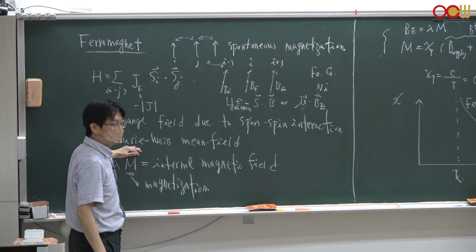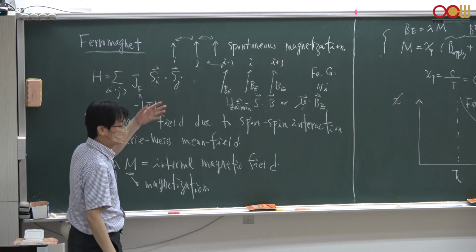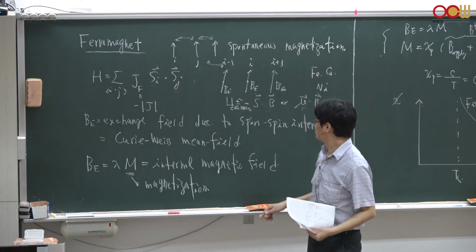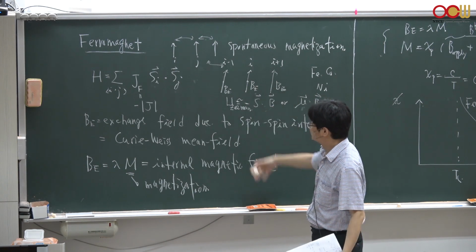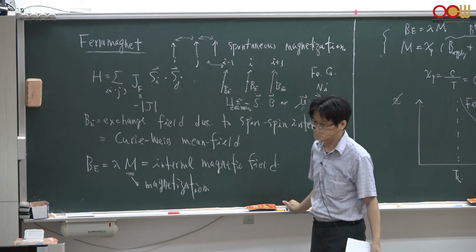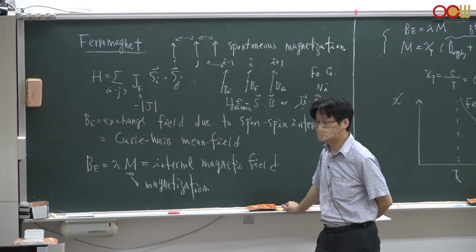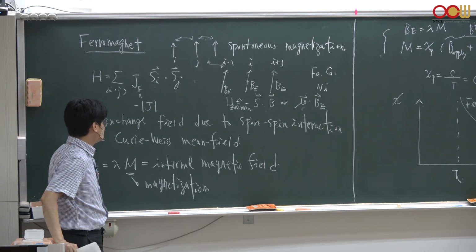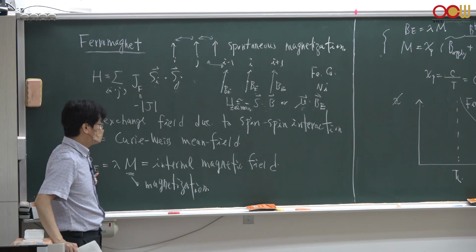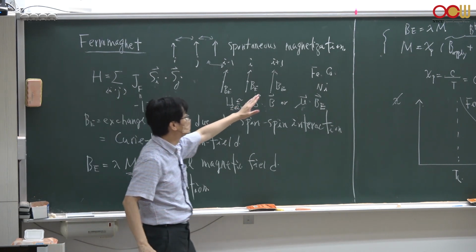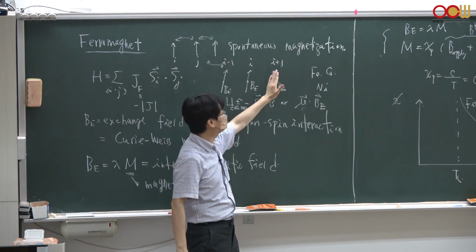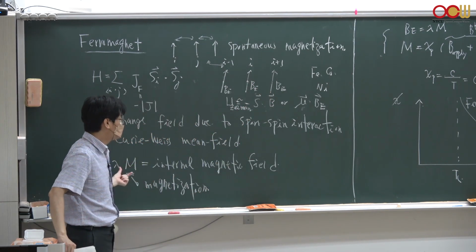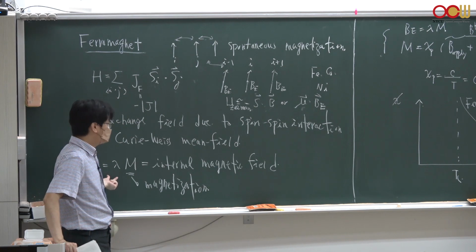And we call this Curie-Weiss mean field, okay, for the reason that we could use some kind of a self-consistent mean field method to actually derive such a spontaneous magnetization from this Weiss mean field. But in any case, this effective magnetic field or exchange field is actually an internal magnetic field. Okay, you can imagine that spin moments play the same role as a magnetic field coupled to the neighboring spins, and this is kind of an internal magnetic field which is proportional to magnetization.